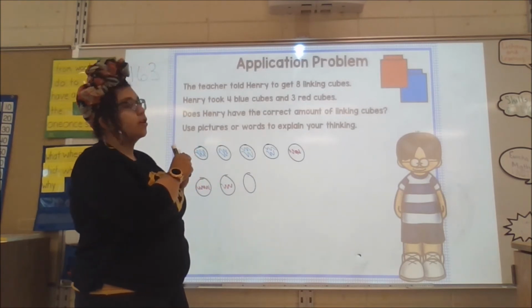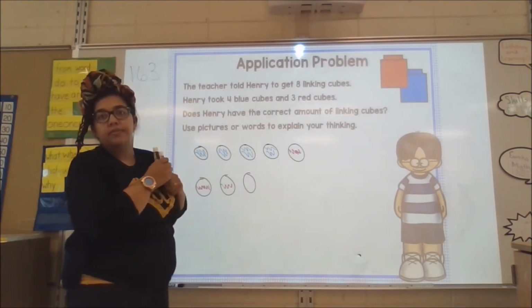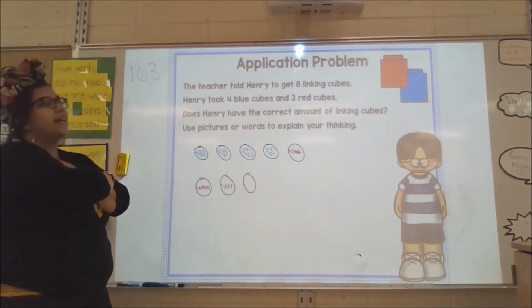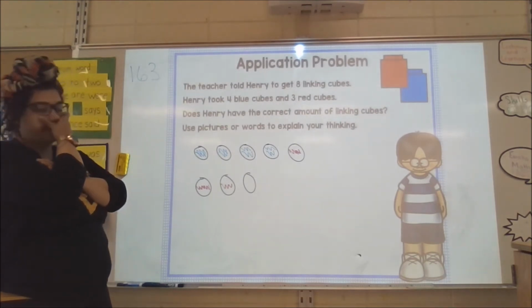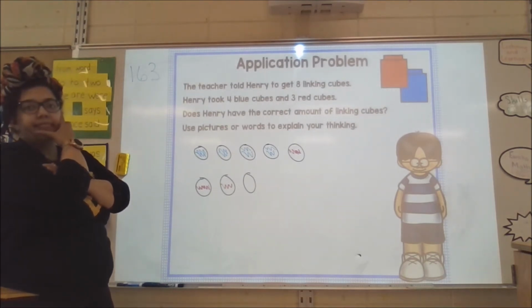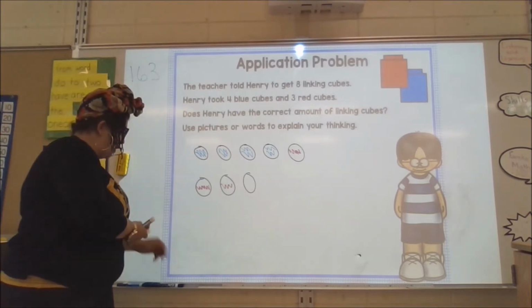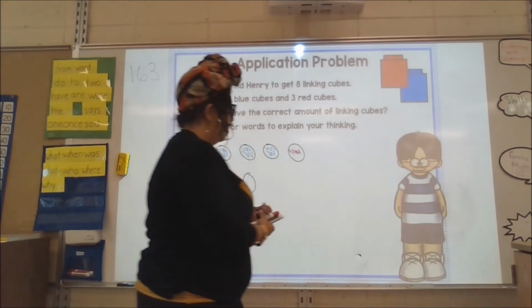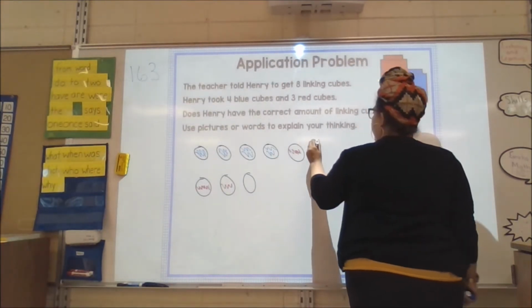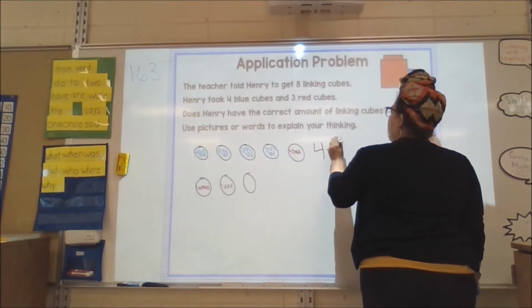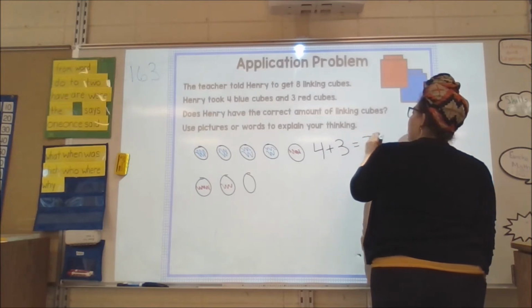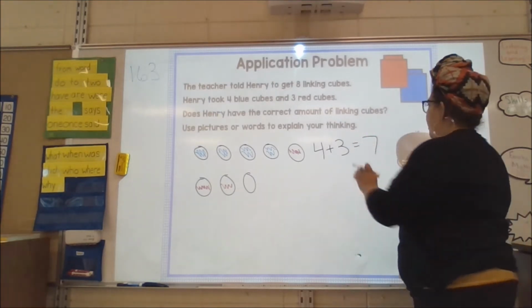Does Henry have the correct amount of Lincoln cubes? Yes or no? Because it's a yes or no question. No. Excellent. Good job. Because, as we see here, making a number to match, 4 plus 3, is that the same as 7, right?